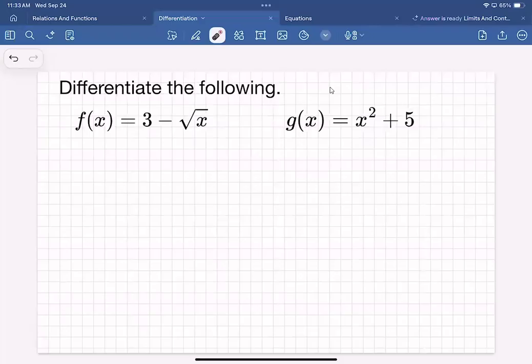With that, let's go look at these two functions real quick. If I give you these functions, differentiate them for me.